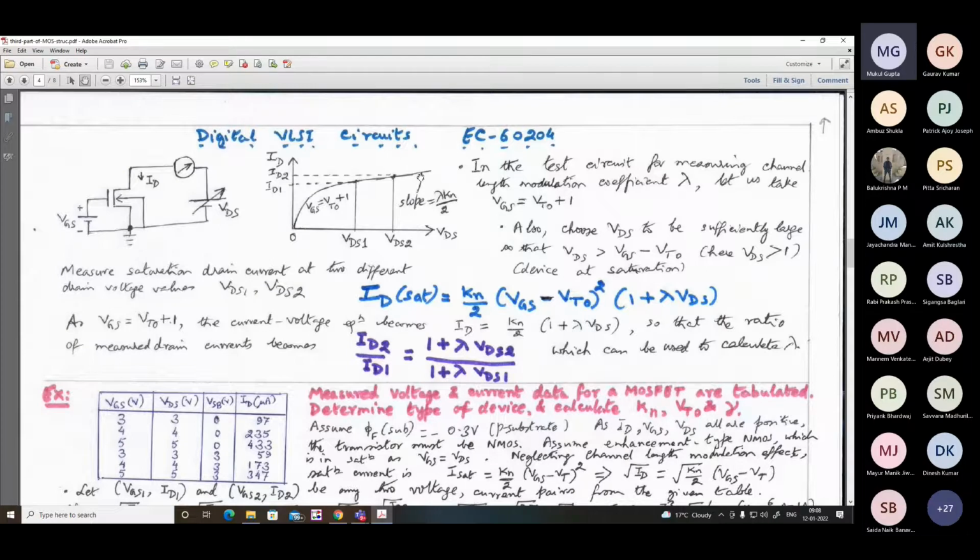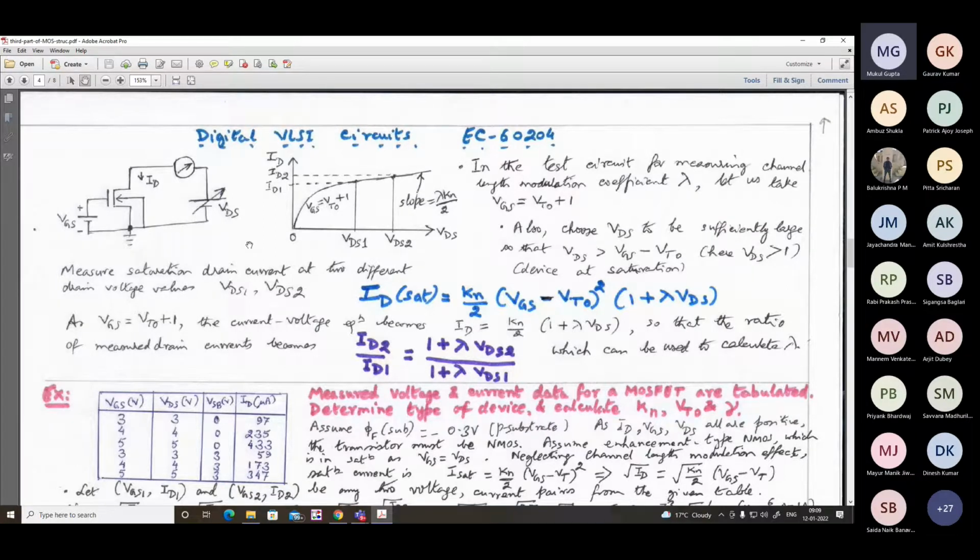That means if you bias VGS to be VT0 plus a constant, say 1, then 1 squared equals 1. Why do you make VGS equal to VT0 plus 1? Because then the overall curve becomes ID equals Kn by 2 into 1 plus lambda VDS. That means you are looking precisely over this linear segment, not the previous segment.